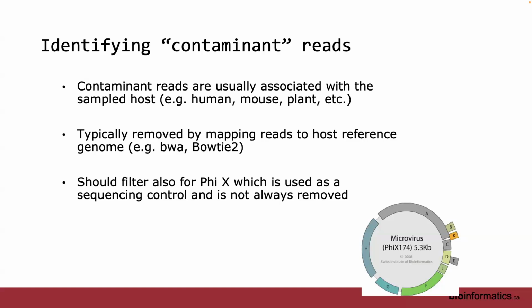Yep, question here. You don't have a reference genome for your host, like there's not even an entire family. So if you don't have your exact reference host, people would suggest using the closest host you have, because there's often going to be some sequence similarity, even for mammals.